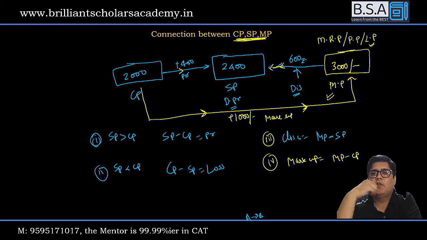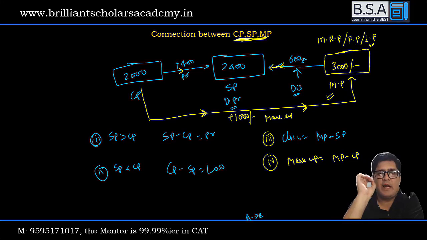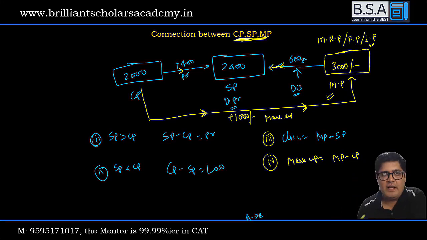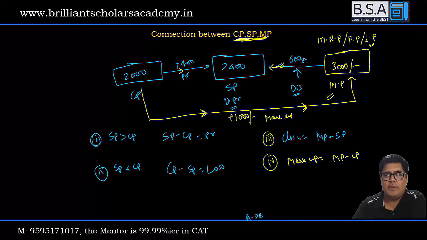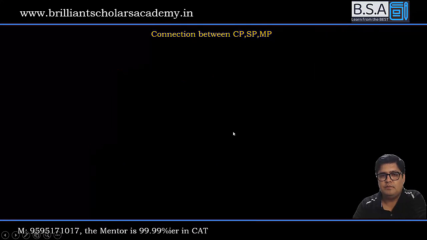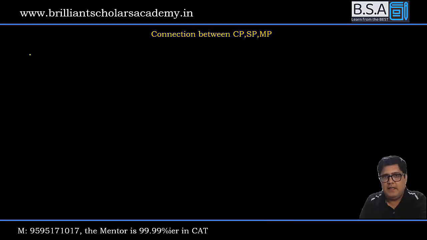Good. So based on this, I can give you formulas of profit percent, loss percent, discount percent, and markup percent. These formulas are guidelines. You must understand what the formula is, how it is working, and then we'll modify it to suit our desire or requirement. See, here, whether it is profit or loss, it is on the cost price.